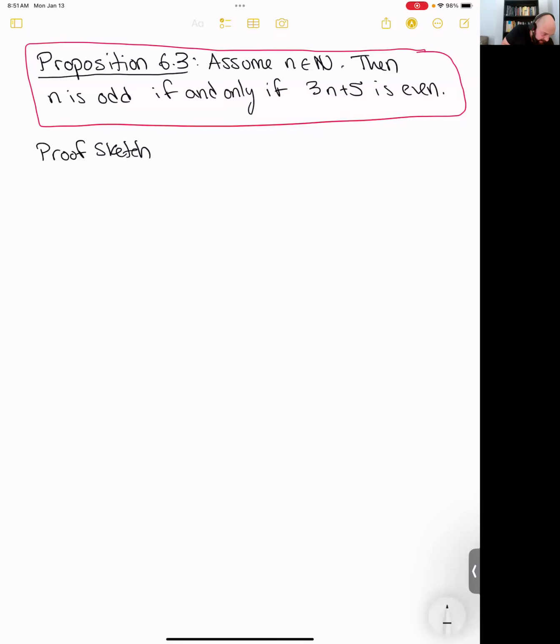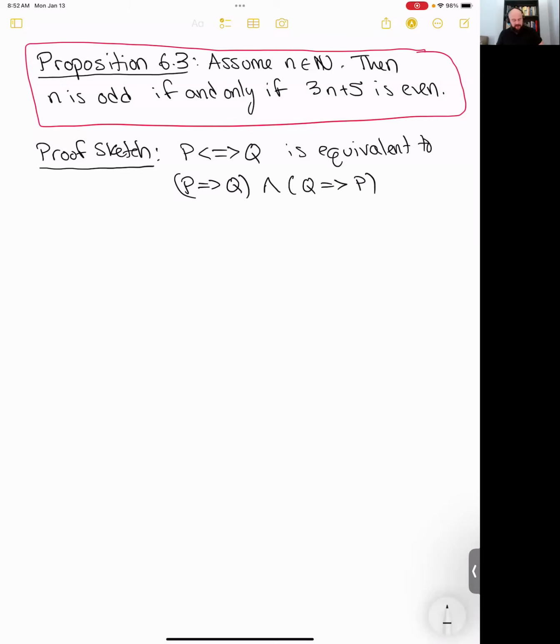First of all, remember that P if and only if Q is equivalent to P implies Q and Q implies P. So of course you have to prove both directions here. And so what we're going to do is first just show the forwards implication.